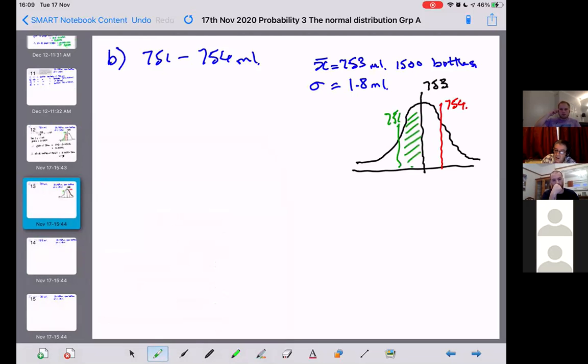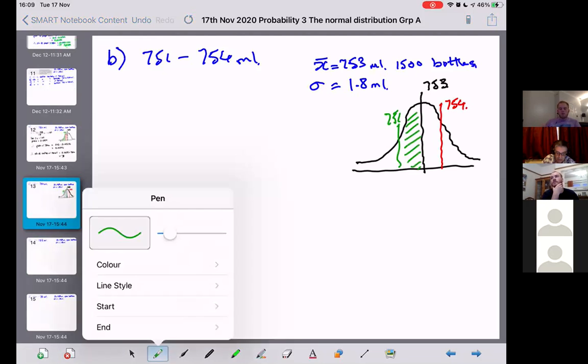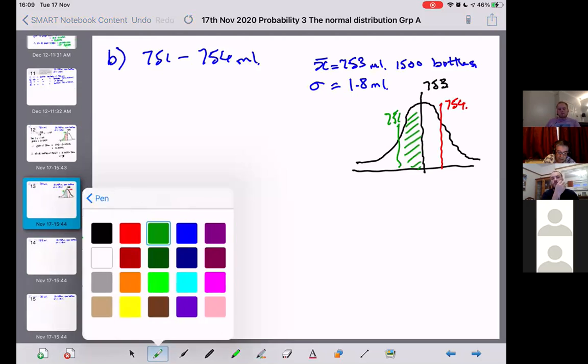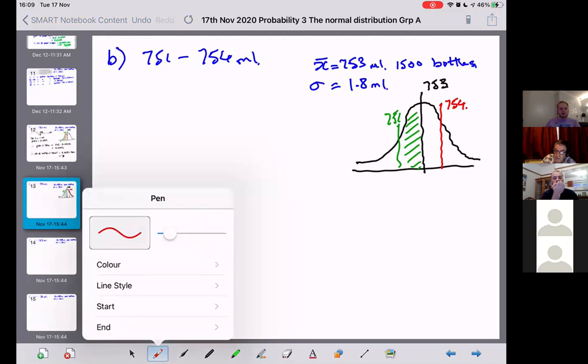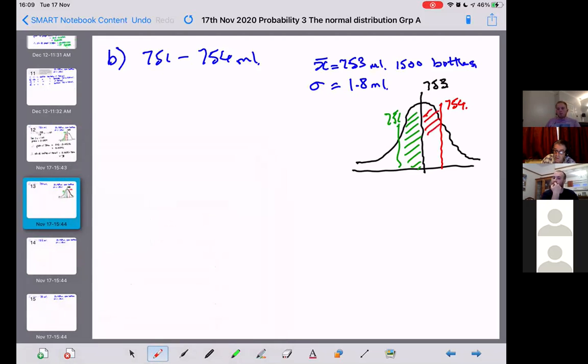So this time, if we want all the bottles between those two values, we've got to find the two separate probabilities, i.e. the two separate areas, and then add those two areas together and multiply by 1500.